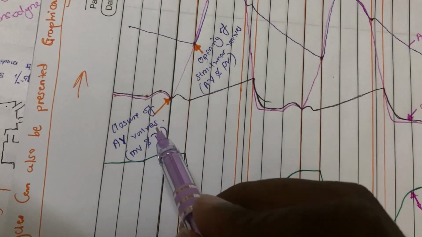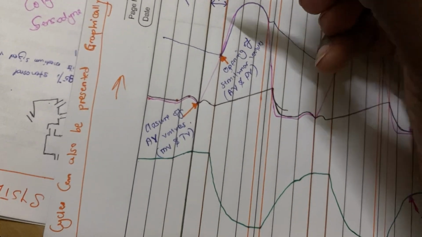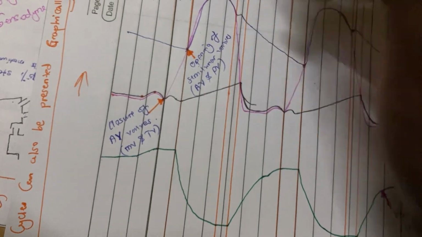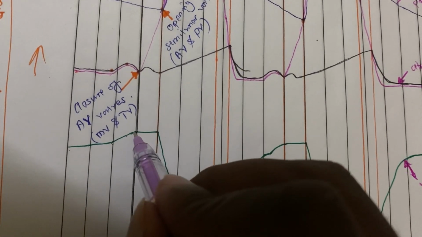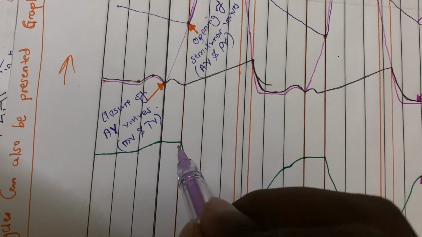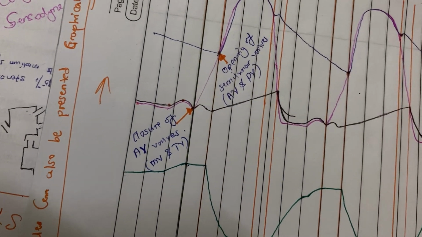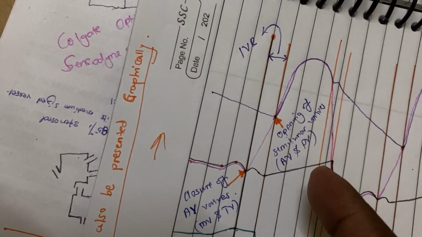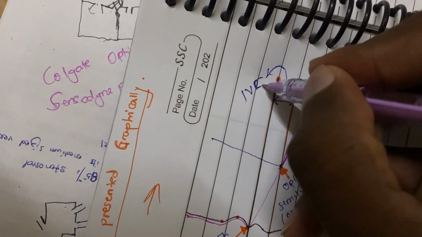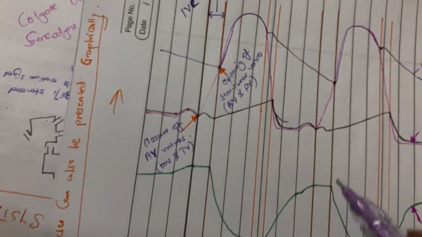Now after that, when the AV valves close, there is isovolumic contraction. We said isovolumic means no change in volume, and this volume curve here is straight, flat. It's not changing. So isovolumic relaxation or isovolumic contraction. Not relaxation, it's contraction. Sorry. Isovolumic contraction.